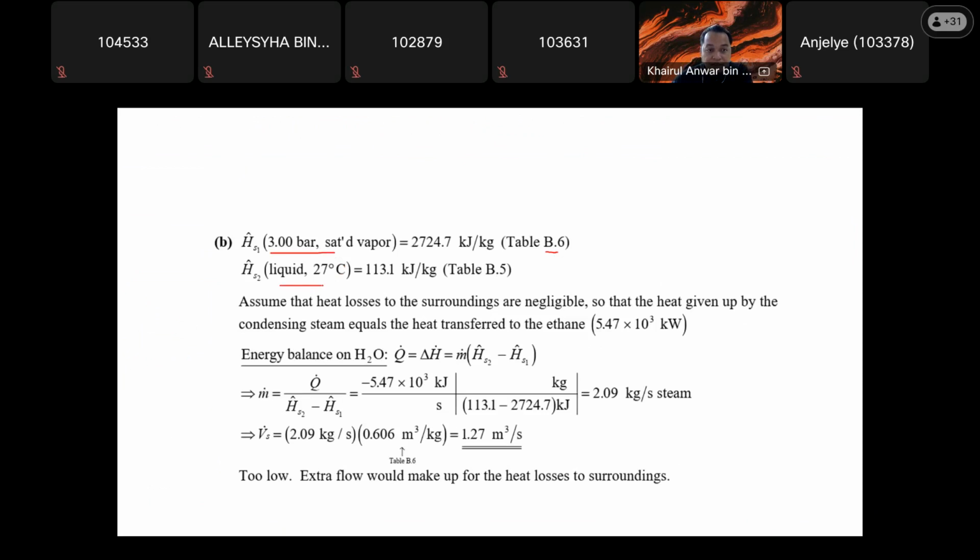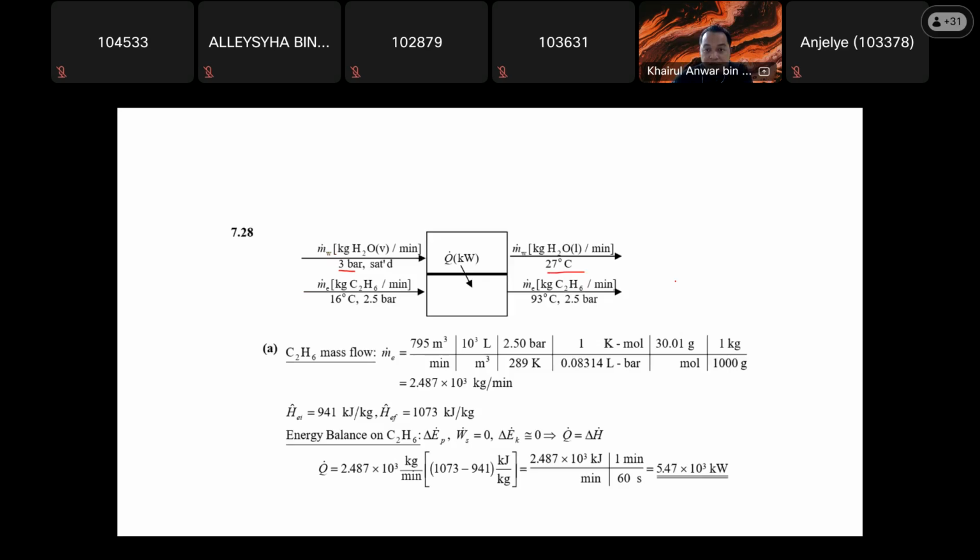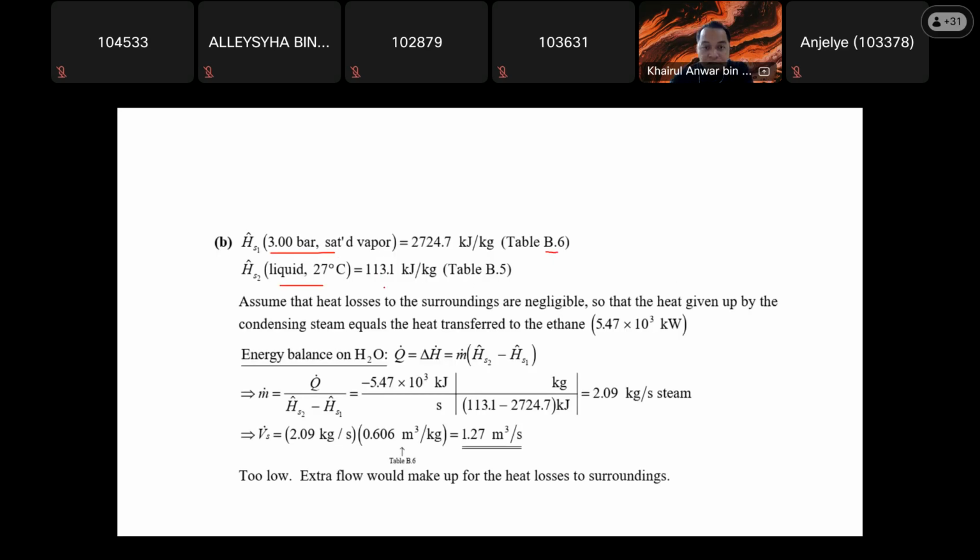This is HS2. It's 113.1, Table B5. Assume there are no losses to the surroundings, so that the heat given by the condensing steam equals the heat transferred to the ethane.